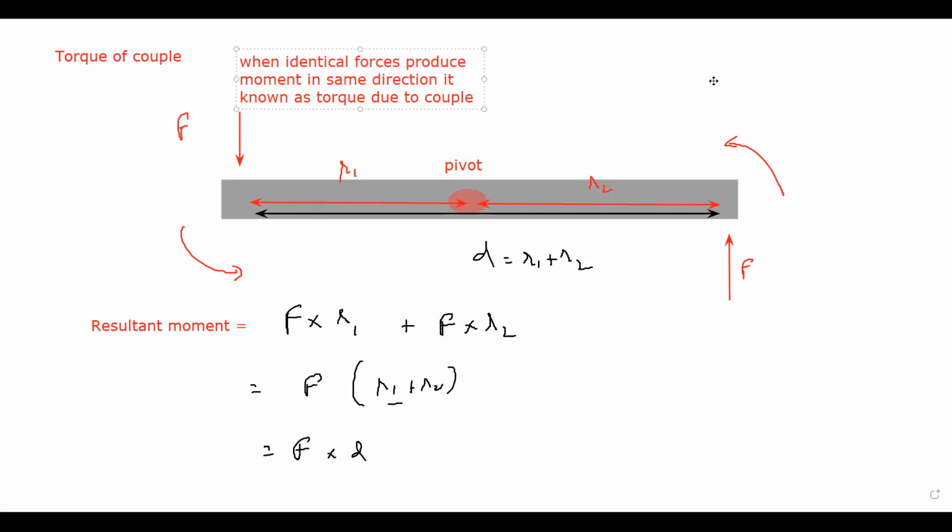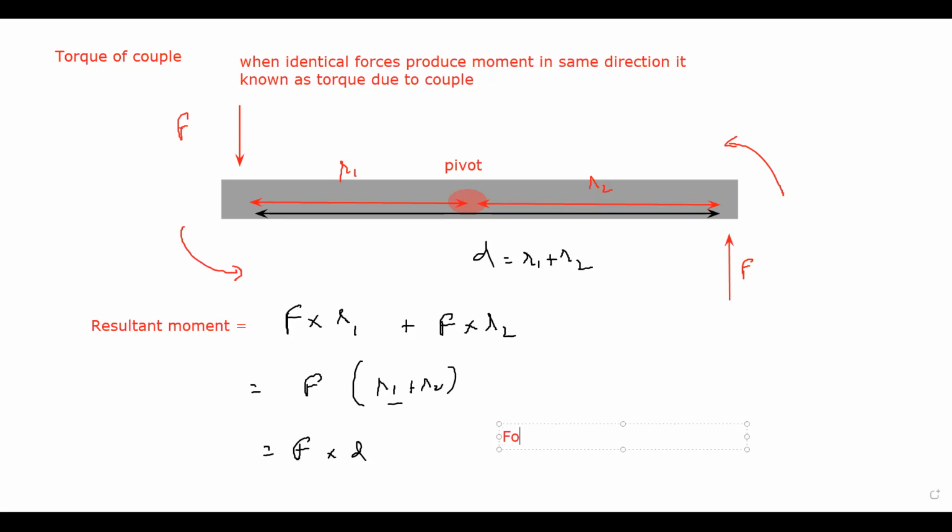And how can we calculate the torque due to a couple? It is basically the force multiplied by the distance between the forces. If the two forces are causing a same direction moment, we simply call that torque due to a couple.